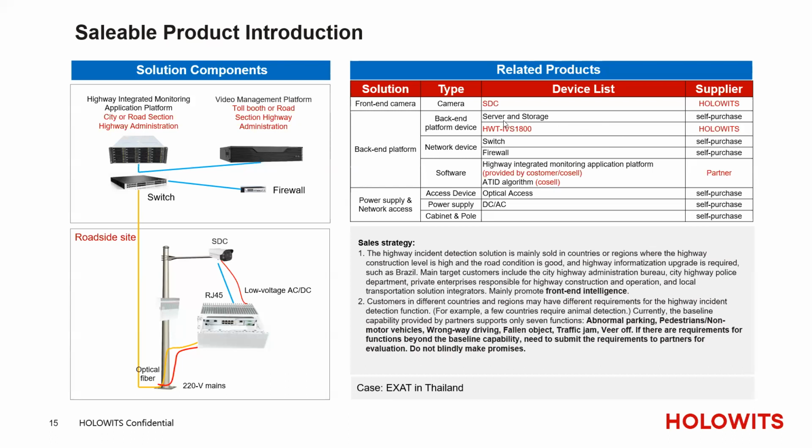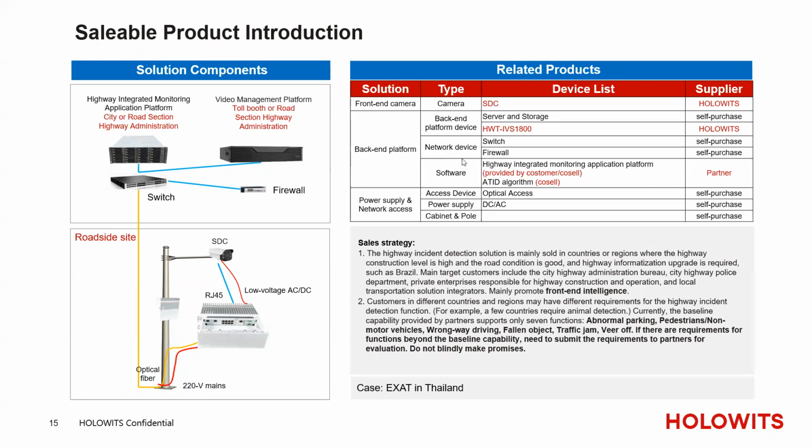For service and storage, we also have a server to be published in Q2. And the storage usually uses hard disk. We provide some hard disks, or you can choose in your country, like Seagate, I think.